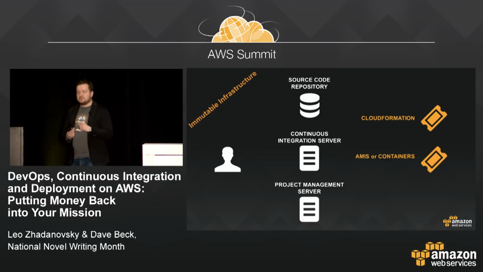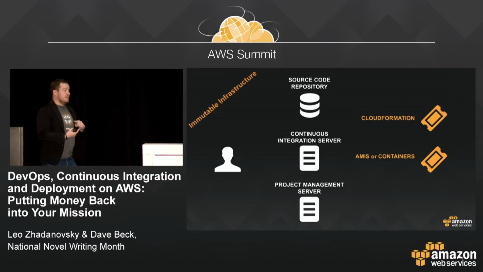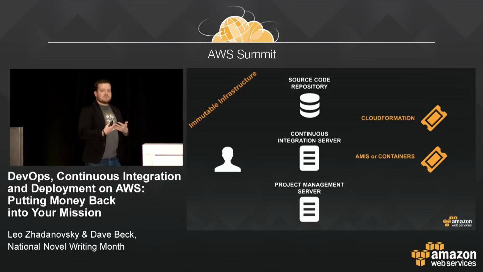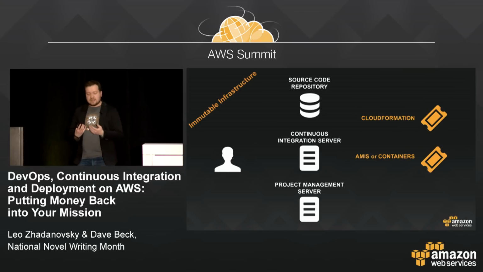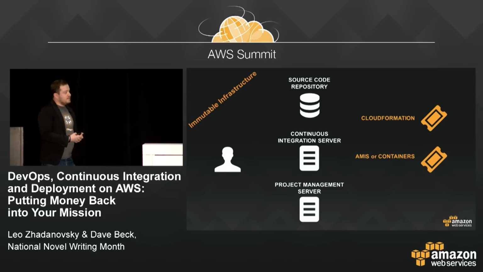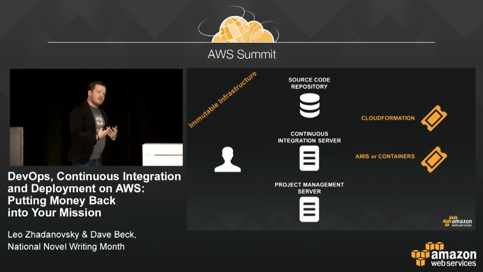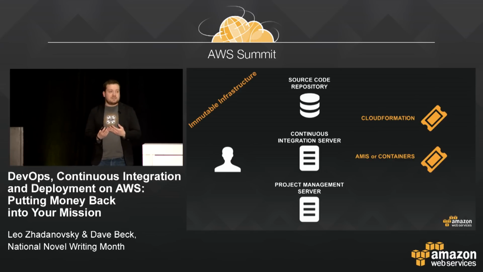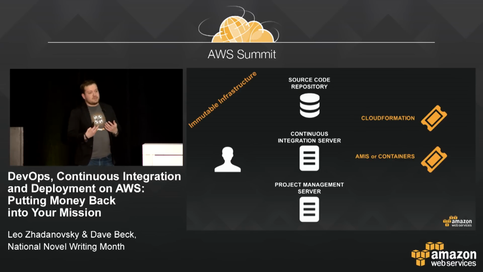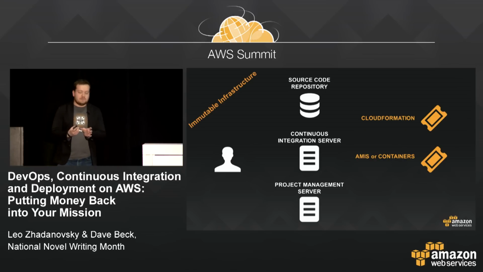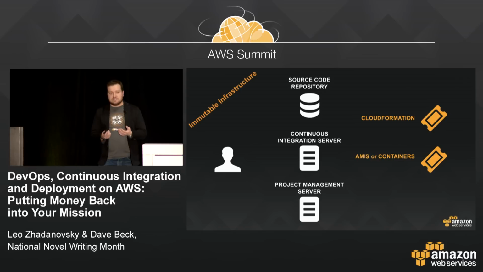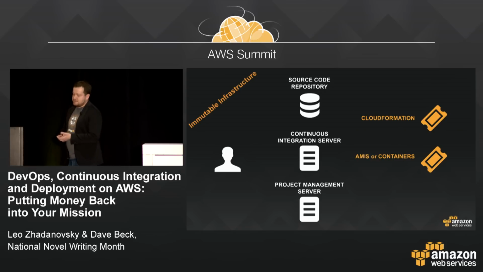Your load balancers, your databases, your instances, your VPCs, really everything that comprises your stack, you could just build a new copy of it every time you deploy. And instead of updating your existing instances, you could just bring up new instances through building new Amazon machine images. Or if you're using Docker, you could build new Docker images and bring up new Docker containers.